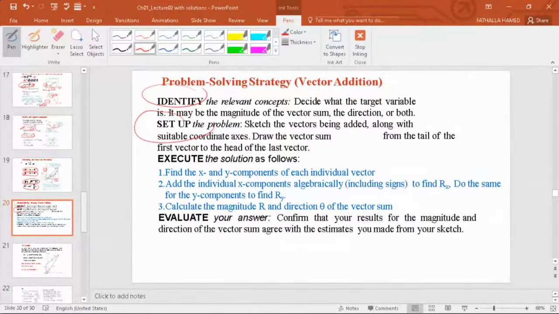That means take the x and y components of individual vectors, then add the x's and the y's, and then calculate. And finally, you're going to look at your answer. Evaluate, is this the right answer? Any questions so far? Good.